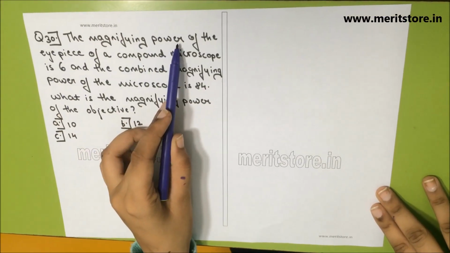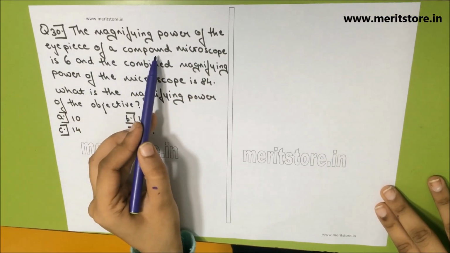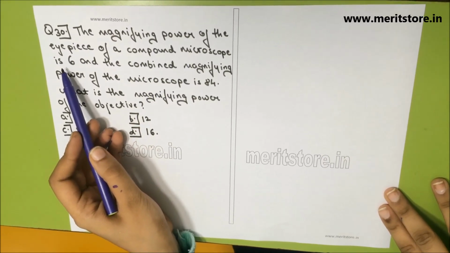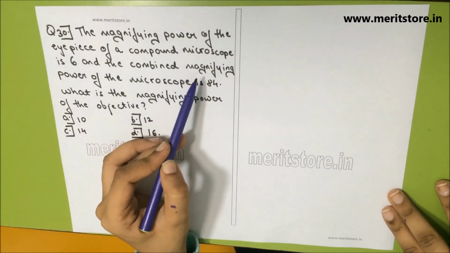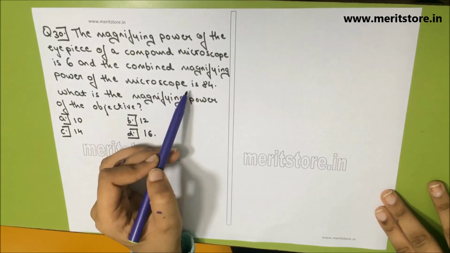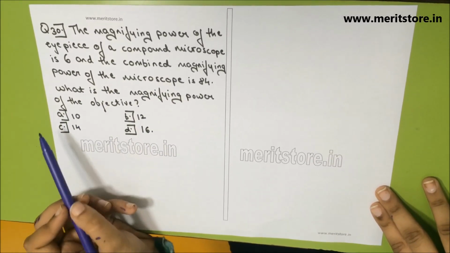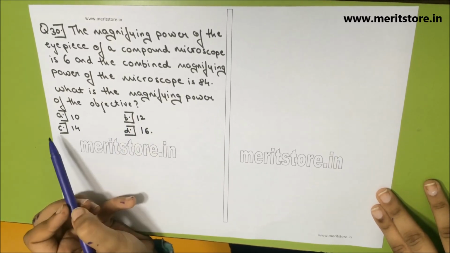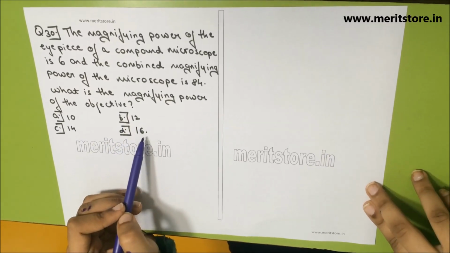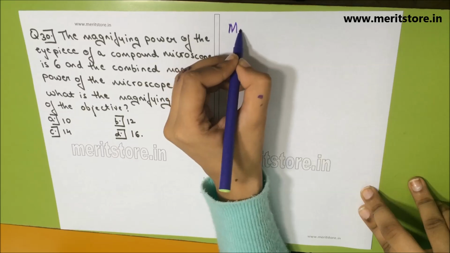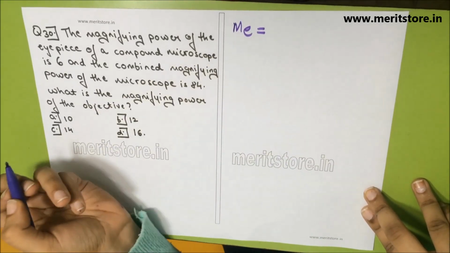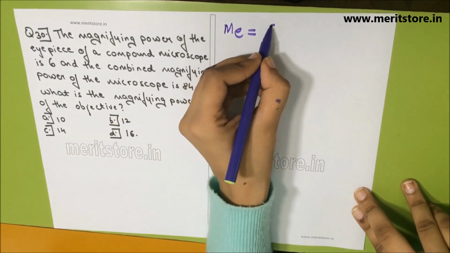Question 30. The magnifying power of the eyepiece of the compound microscope is 6 and the combined magnifying power of the microscope is 84. What is the magnifying power of the objective? A 10, B 12, C 14, D 16. So I have ME, that is magnifying power of the eyepiece, as 6.